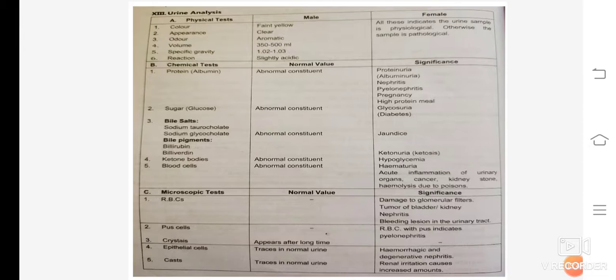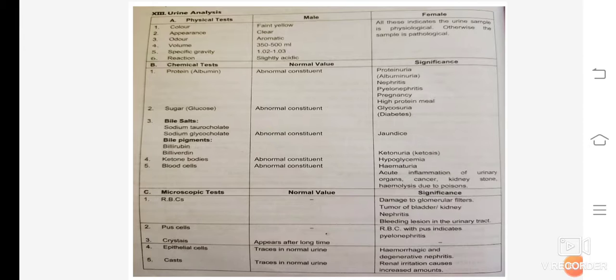Normal value of RBC and pus cells is not described. In significance, for RBC: damage to glomerular filters, tumor of bladder or kidney, nephritis, then bleeding lesion in the urinary tract. These are important for the RBC test.